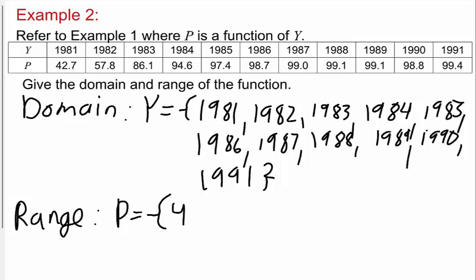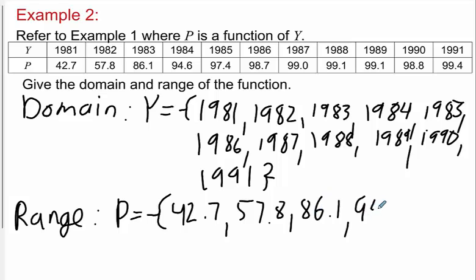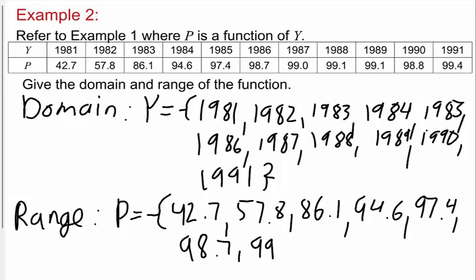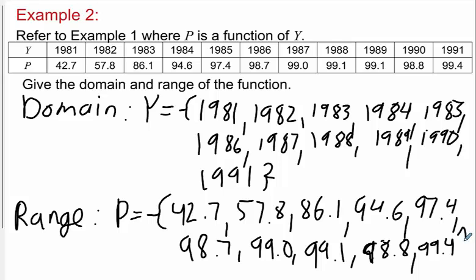So we'll write 42.7, 57.8, 86.1, 94.6, 97.4, 98.7, 99.0, 99.1, we don't repeat it, 98.8, and 99.4, and we close our brackets.